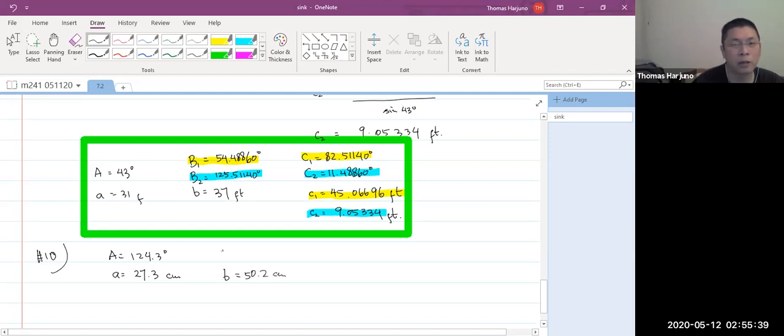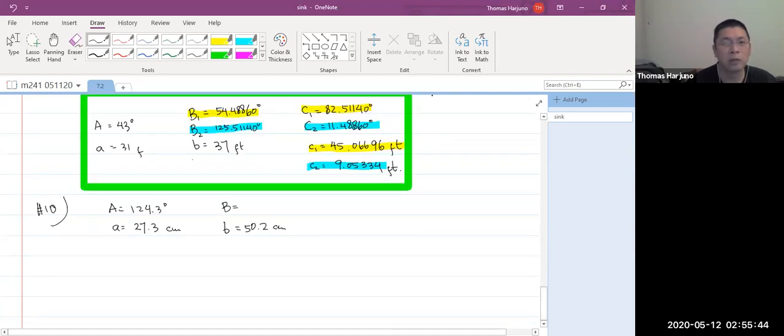We need to find angle B. Okay, but visually you see that because side B is greater than side A, then angle B should be greater than angle A. Is it right? So this is at least 124.3 degrees. But then you realize that the sum of these two is already more than 180. You see that?